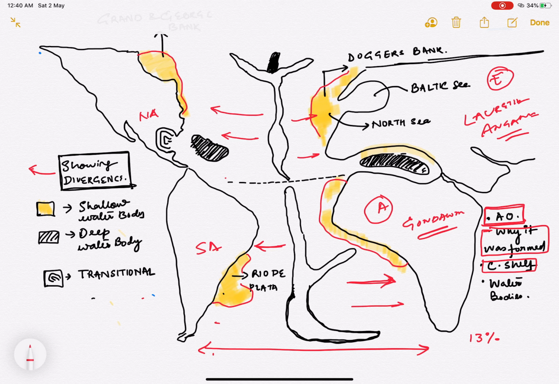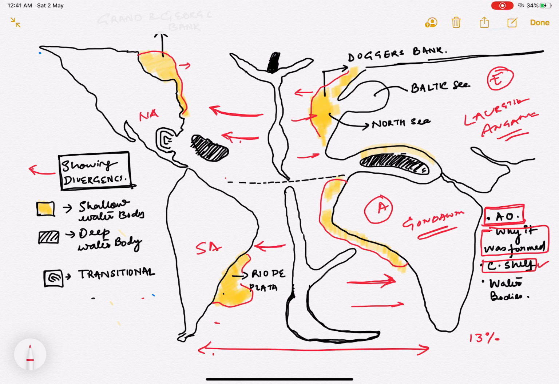Because the boundaries are passive, means as you can see the plates are diverging from here, whereas this boundary are completely passive, means they are tectonically non-active. Hence, extensive continental shelf. What is continental shelf? We had basically discussed in the yesterday's class itself.